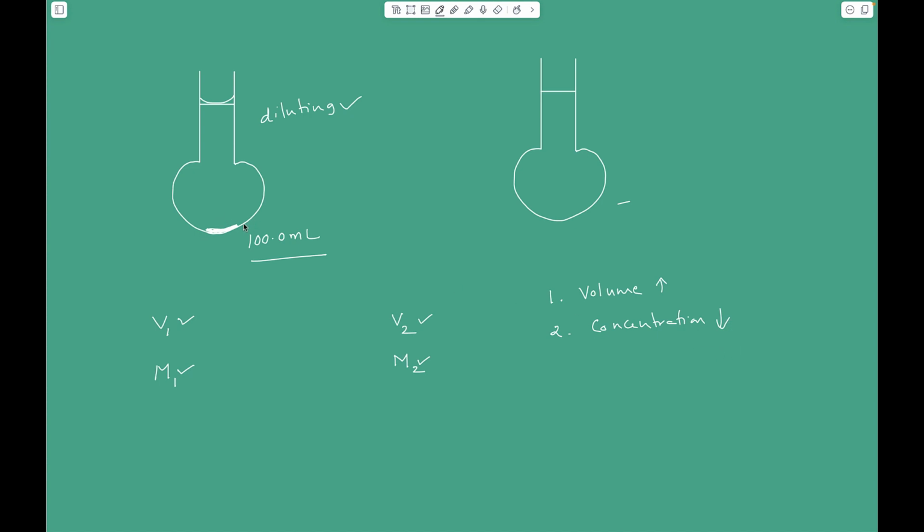As you add more and more solvent to the stock solution, obviously the concentration of the solution decreases. That is, the amount of solute in a given volume of the solution decreases because we are adding more and more solvent. But there is one thing that is not changing during this process.